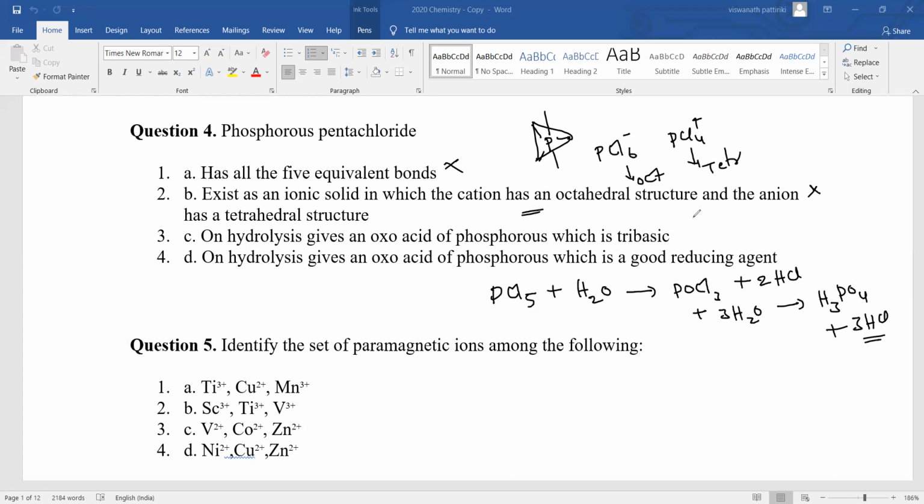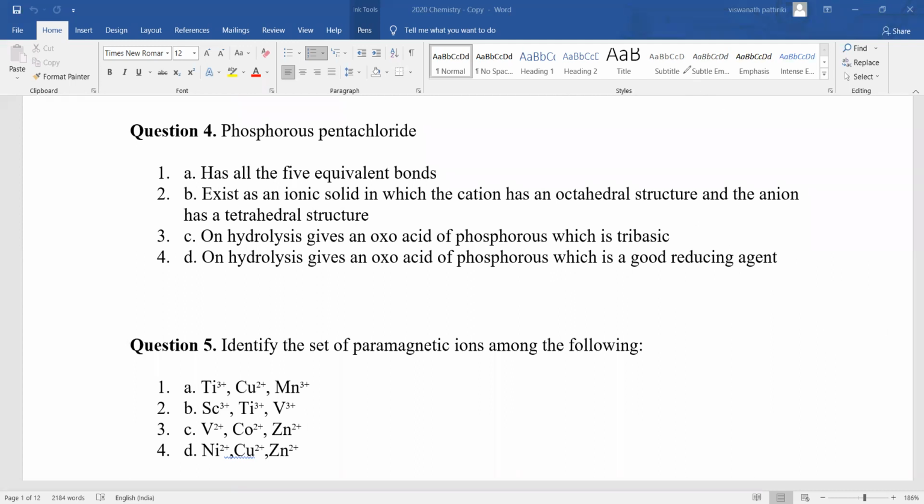Okay, so the right answer is tribasic. H3PO4 is tribasic, like this. Understood?